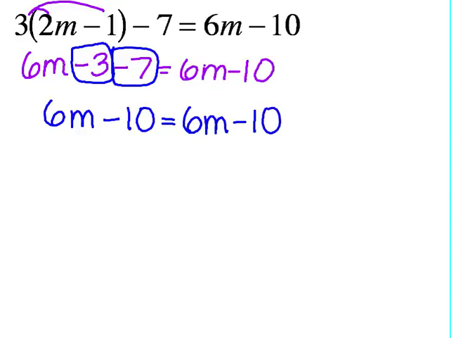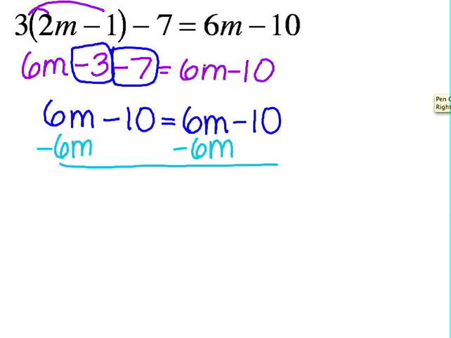What do you do now? Yep. So let's subtract 6m. What am I left with? On the left side. Yep. Negative 10 on the left side. What do I get on the right side? Oh. Now is that a true statement?